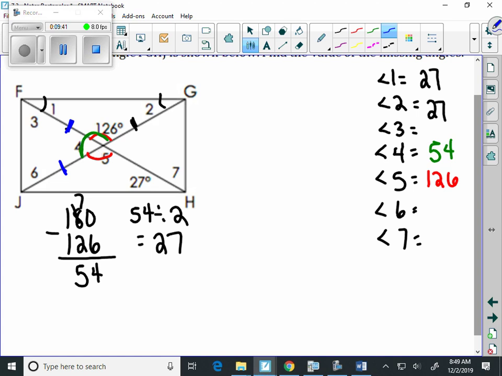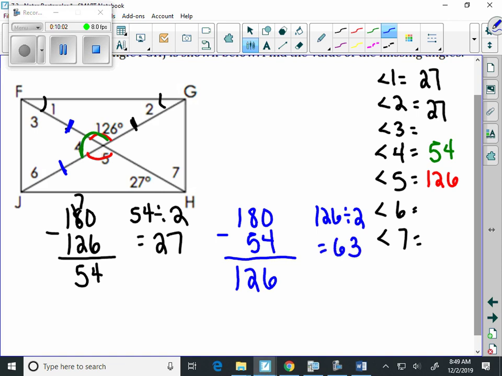We just found that angle 4 is 54, so if we take 180 degrees minus 54 degrees, we get 126 degrees. And then we're going to take 126 divided by 2. And when we do that, that gives us 63. So this angle, angle 3, is 63. And angle 6 is 63.